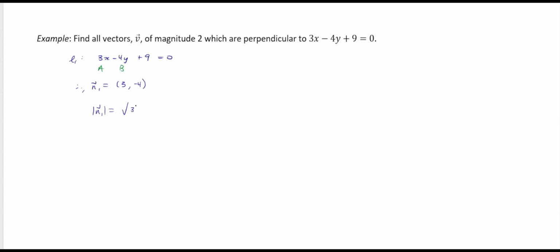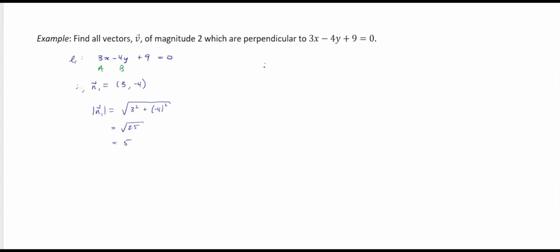I'm going to find the magnitude of this vector. That's the square root of 3 squared plus (-4) squared, which is the square root of 25, which is 5. So I have the vector which is perpendicular to this line. That's the normal vector, and it has a magnitude of 5.